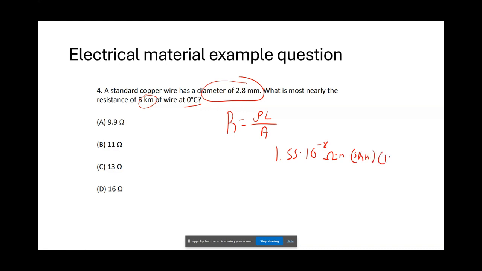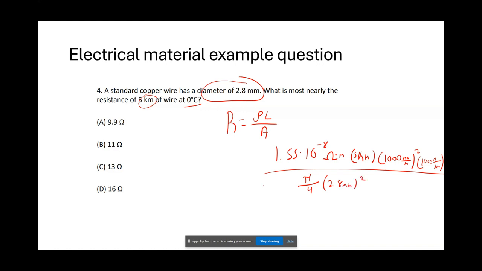Then we're supposed to convert that down from 1,000 millimeters per meter, squared, then 1,000 meters per kilometer. And this is all over our area, which, as you see, is in terms of a diameter: pi over 4 d squared, which is, my apologies, 2.8 millimeters squared.